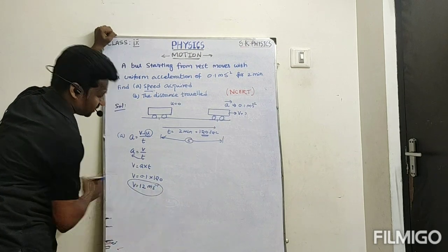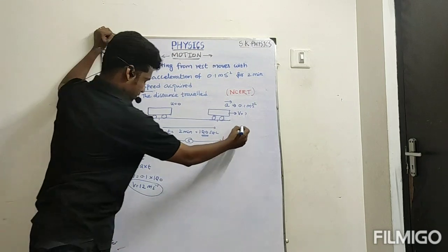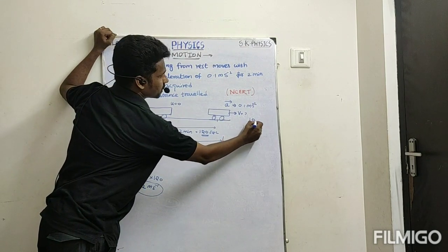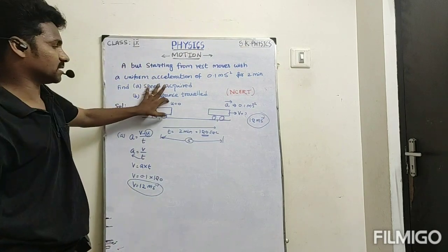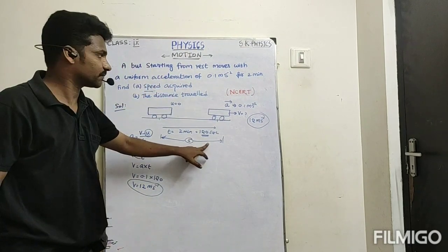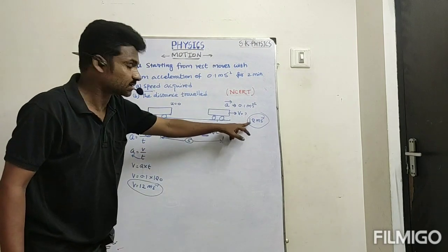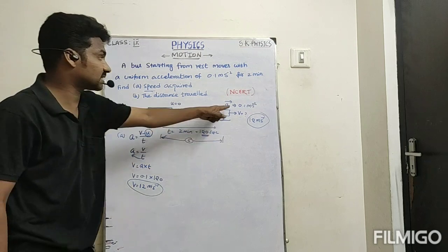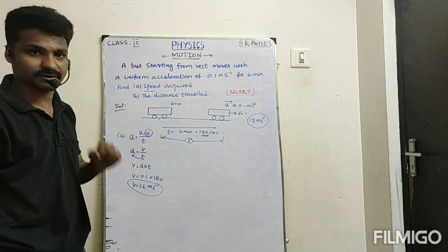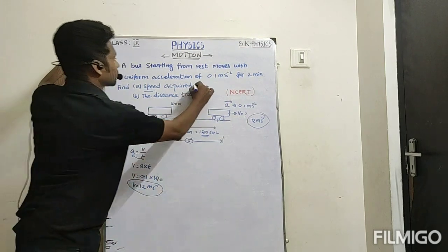So this is the speed of the bus, 12 meter per second. Initially at rest, after 120 seconds it reaches 12 meter per second speed with the acceleration of 0.1 meter per second square. Okay, so the first one is over.